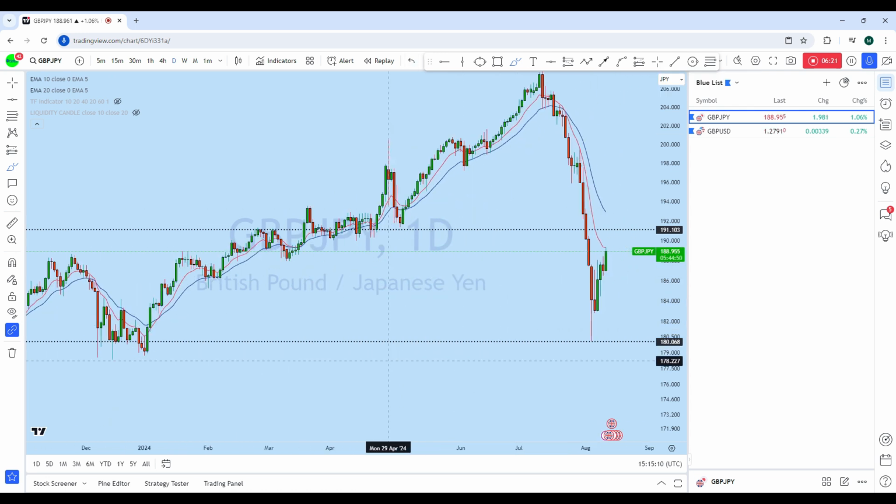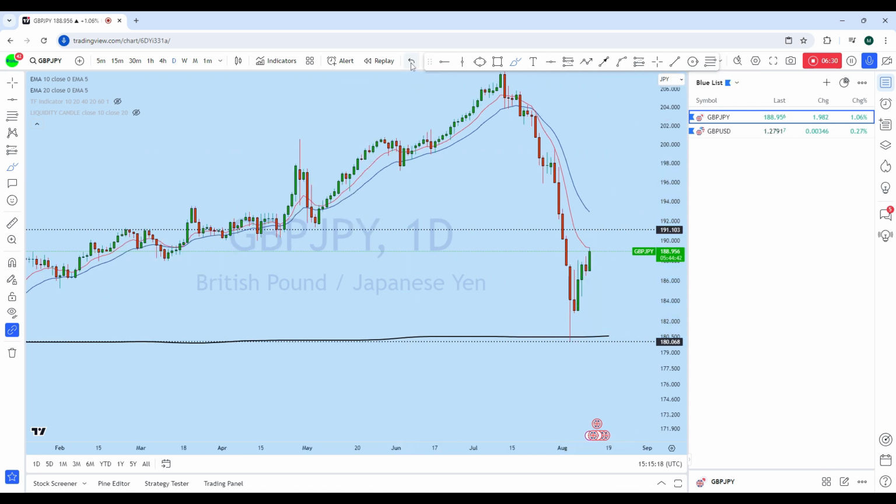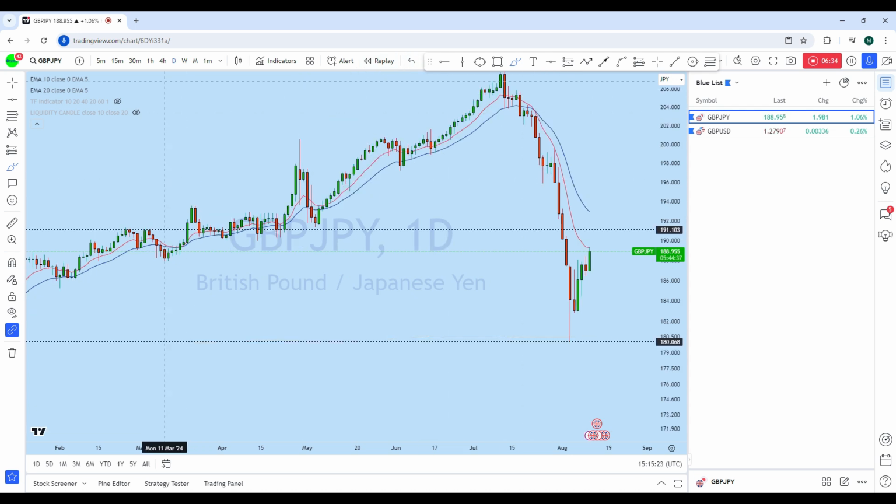We can see the market tested this significant support with a long wick rejection, and may continue to rise to another liquidity zone, so expecting it to remain bullish for at least the short term.